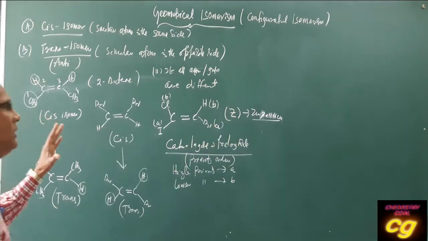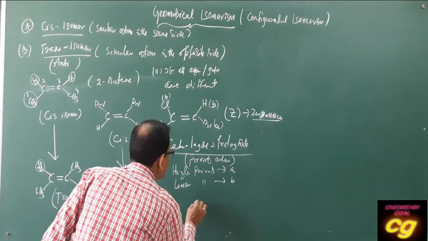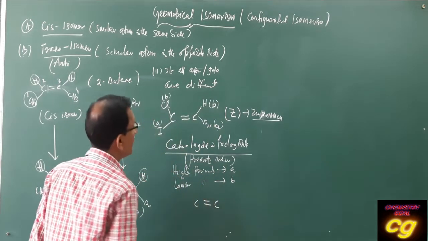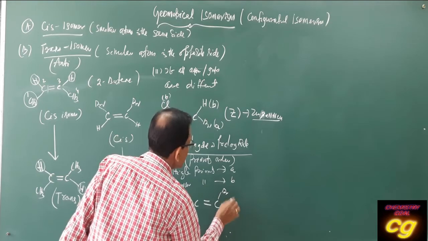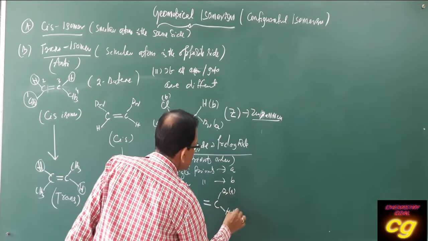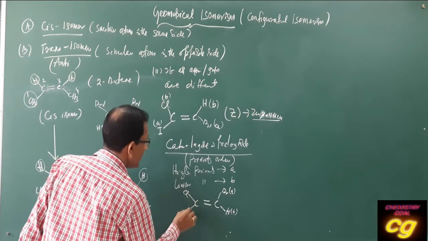Another rule: if you change this one, C, and here bromine, here H, then this will be A and this will be B, and the previous remains the same, Cl and iodine.